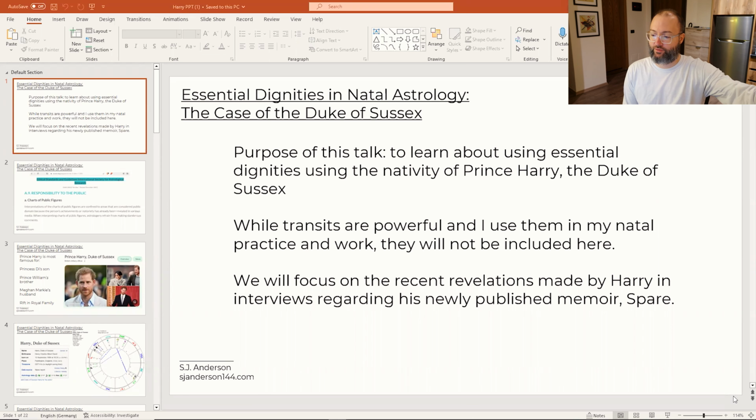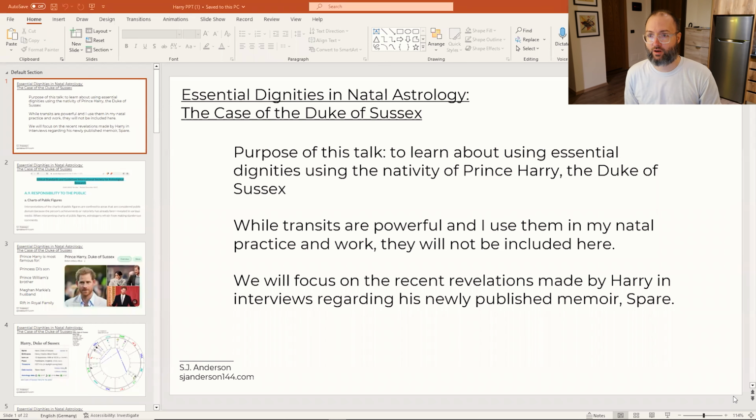And while transits are very, very powerful, in fact I use transits as an essential tool to delineate the natal chart, because we see when transits activate sectors of the chart, we compare the facts that have unfolded in a life during those activations to understand more deeply the natal promise. In this talk, I am not going to look at transits at all.